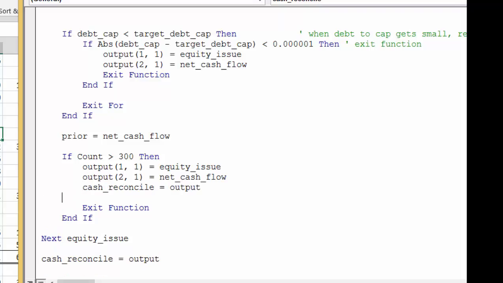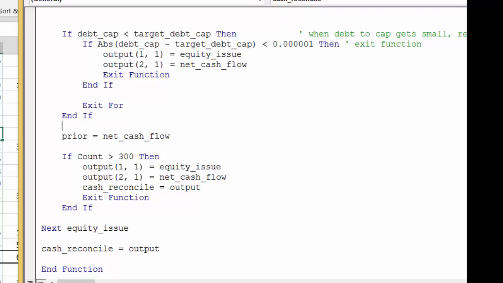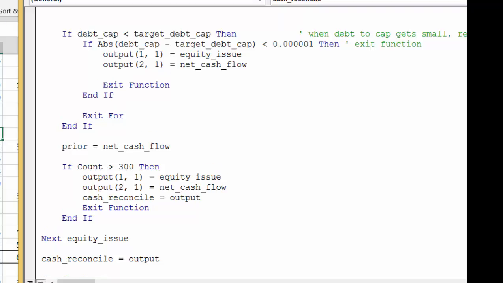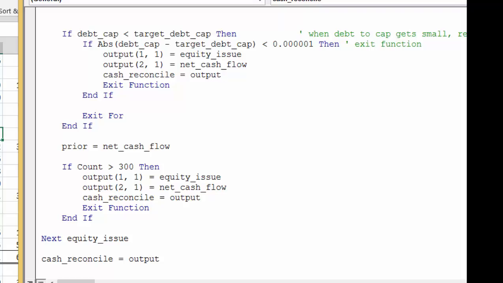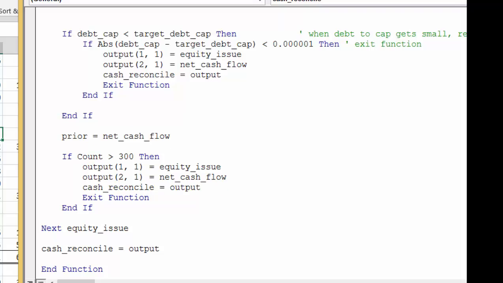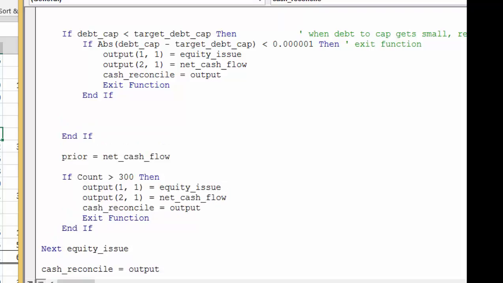And we need this one here. And we don't need this exit for here. What we do there, if this doesn't happen, we don't really need an else or anything else.